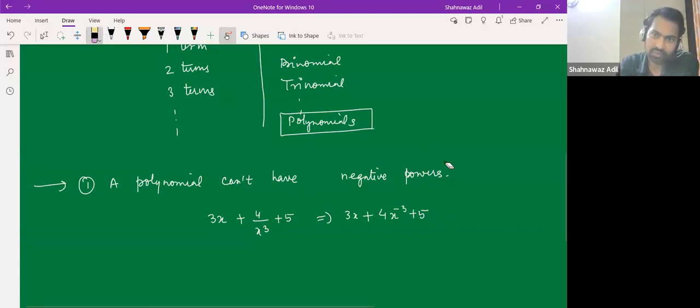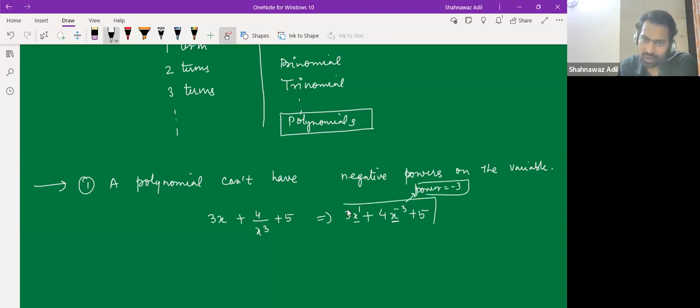Negative powers on the variable. So this has power 1, but this has power -3. So this will not be a polynomial, right? Yes, sir.